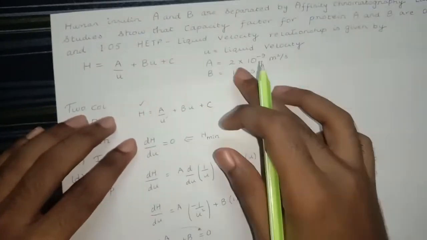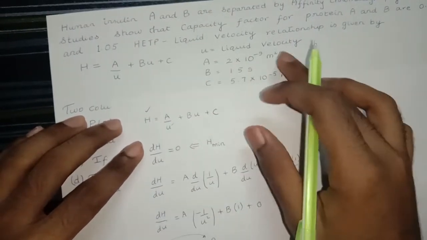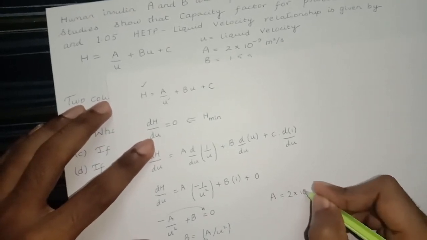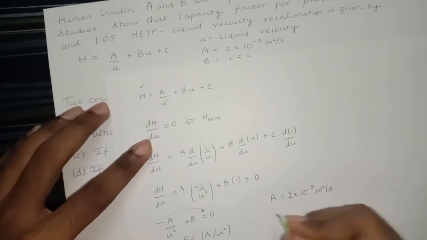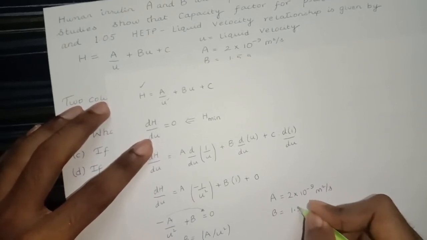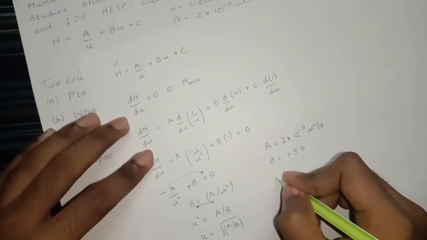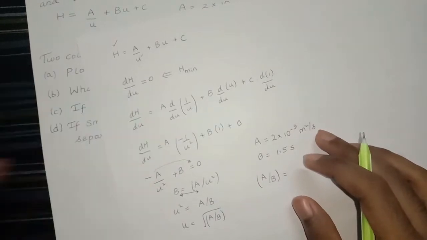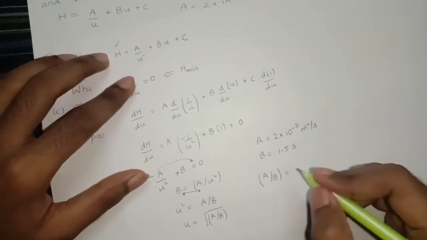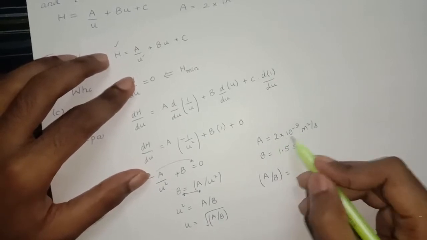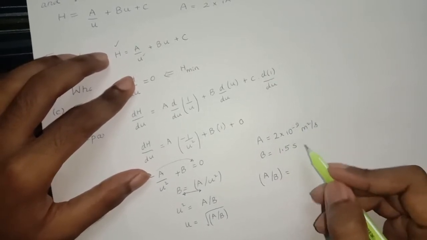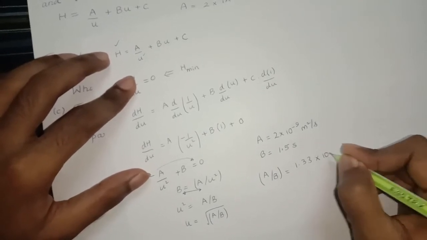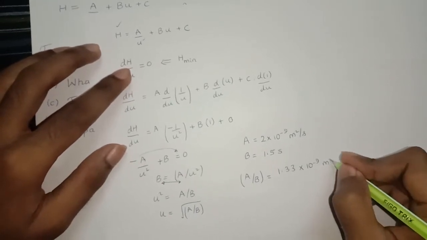So we have the values A, B, C as constants given by these values. A is equal to 2 into 10 raised to the power negative 9 meter square per second. B is equal to 1.5 second. So let's find the value of A by B. The value of A by B is 2 into 10 raised to the power negative 9 by 1.5, which is 1.33 into 10 raised to the power negative 9 meter square over second.